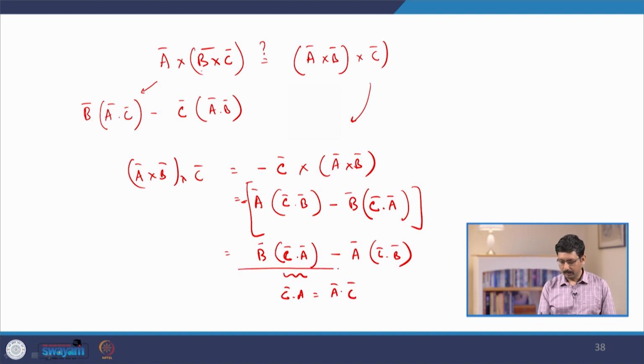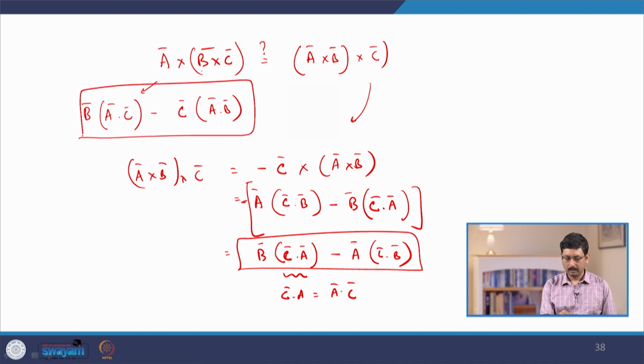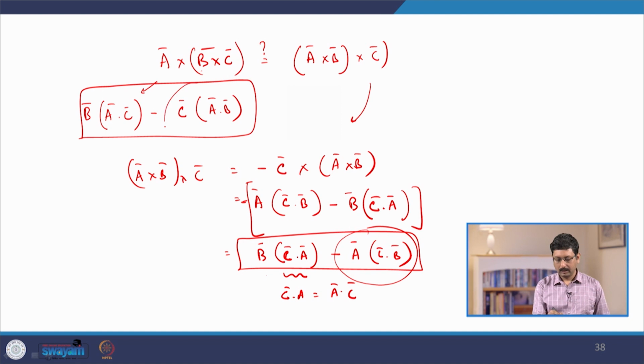Now, as I discussed before, this C dot A is equal to A dot C. So, now if I compare this expression with the previous expression, I get one term same, but the second term is different. So, that means these two are not same.